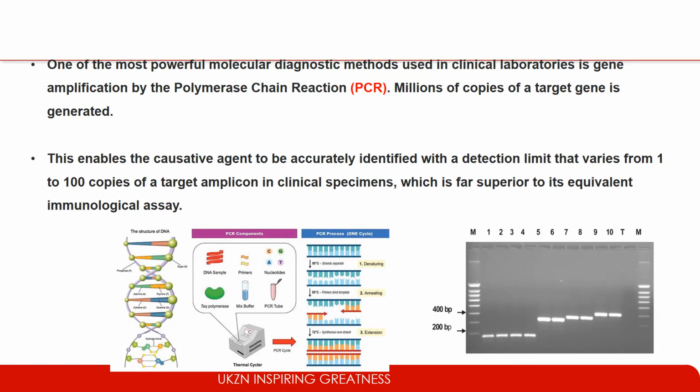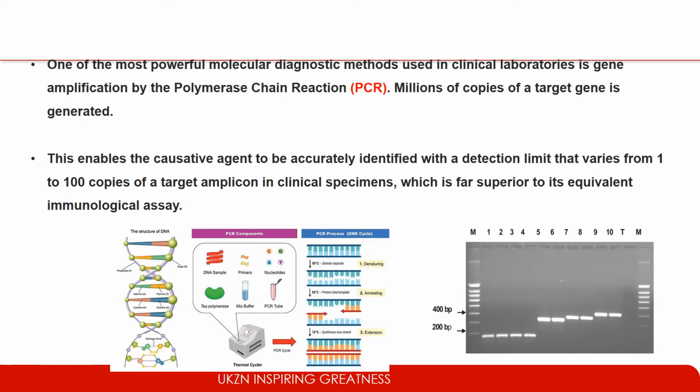One of the most powerful molecular diagnostic techniques used in the clinical lab is the polymerase chain reaction. You have already come across this technique, known as PCR, which amplifies millions of copies of a target DNA from as little as 10 picograms of DNA.